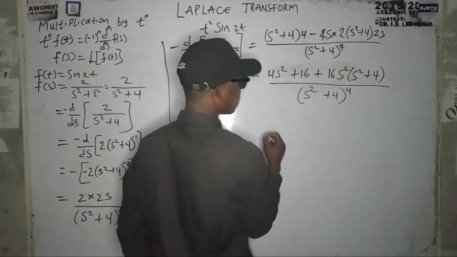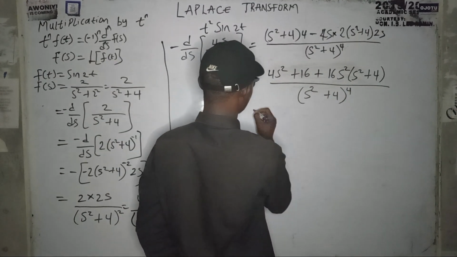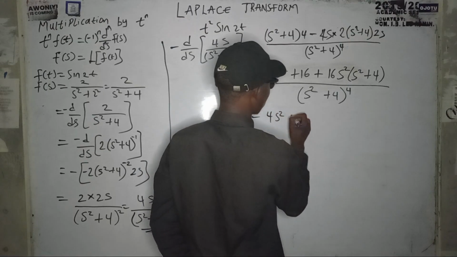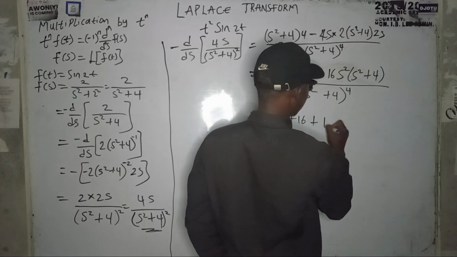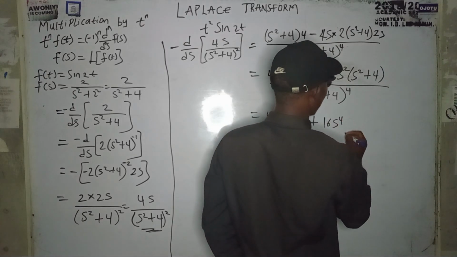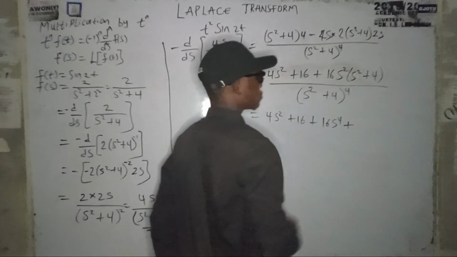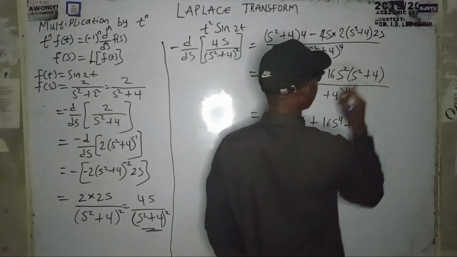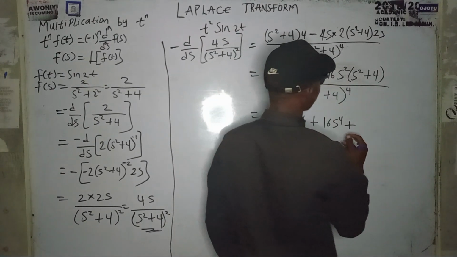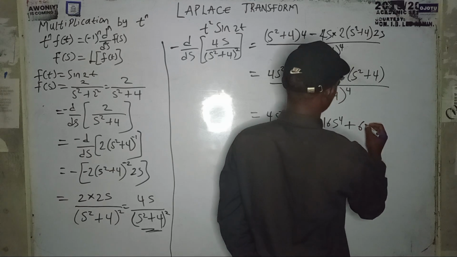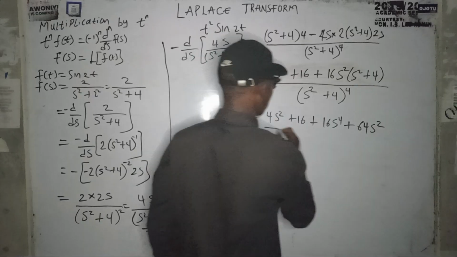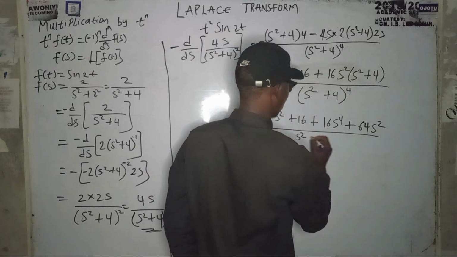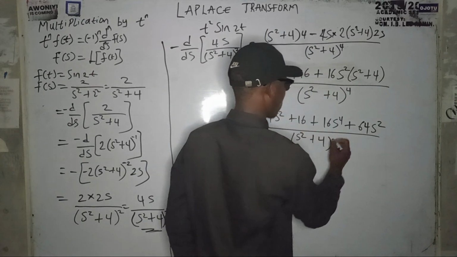Now we can simplify it further. Simplifying it further, we are going to have 4s squared plus 16 plus 16s squared times s squared, that is 16s raised to the power 4, plus 16s squared times 4, that is equal to 64s squared all the way over s squared plus 4 all raised to the power 4.